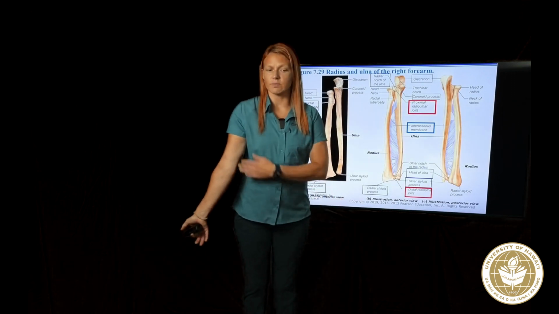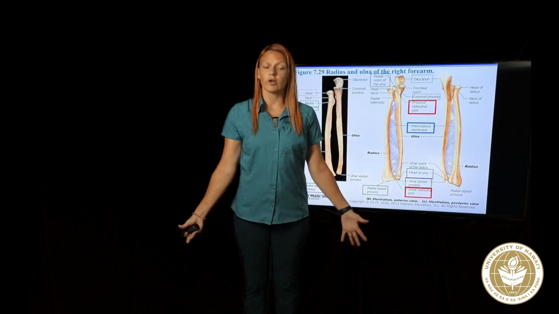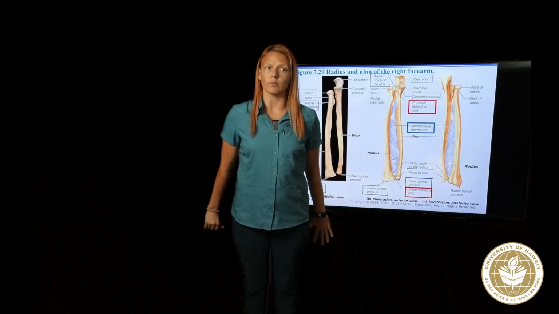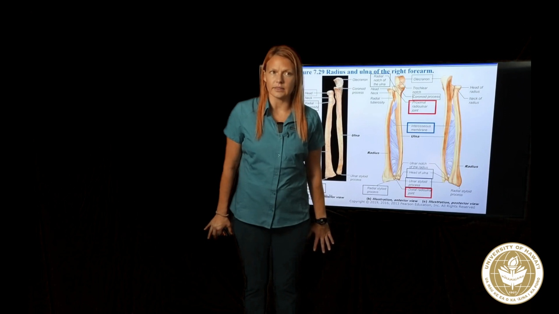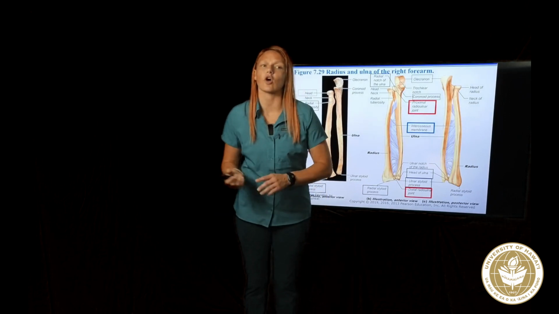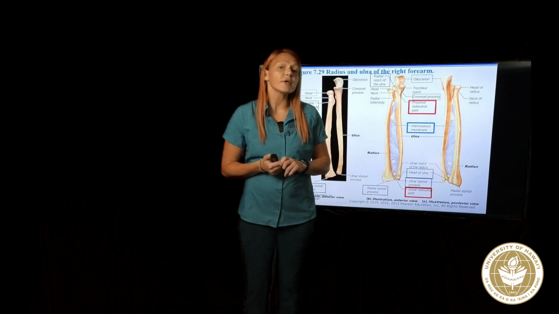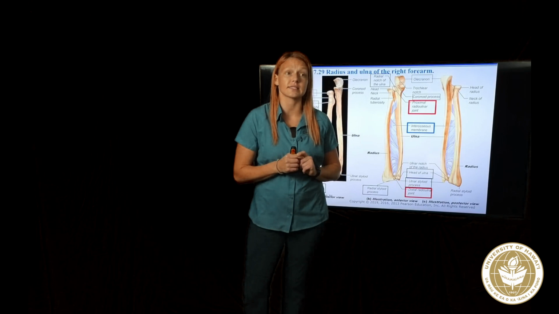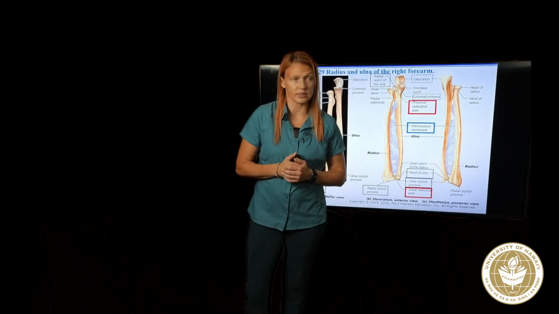And the ulna is going to be more medial or next to our body. But if we go and pronate, which means to move our palms back, then we see that the distal end of that radius is going to cross over the ulna and it creates an X. So something to note is that your ulna actually doesn't move, but the radius does. So if the radius moves, our hand is going to move.